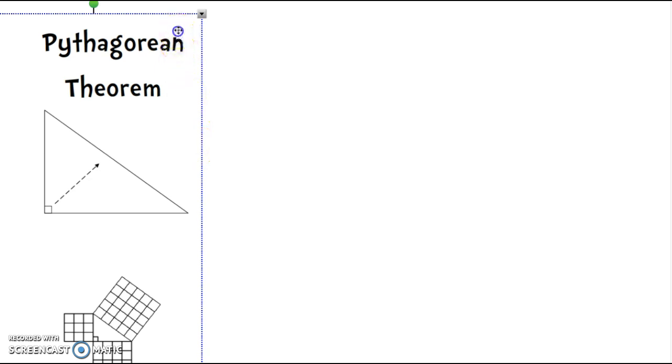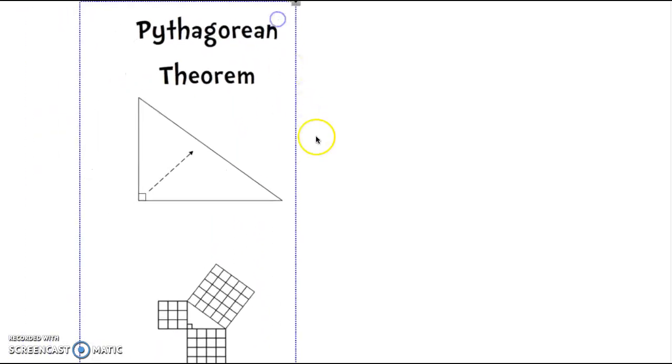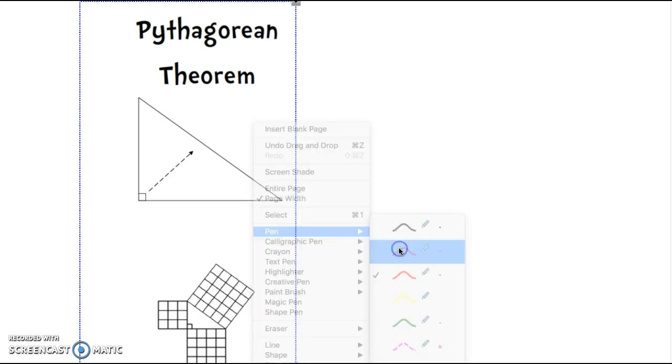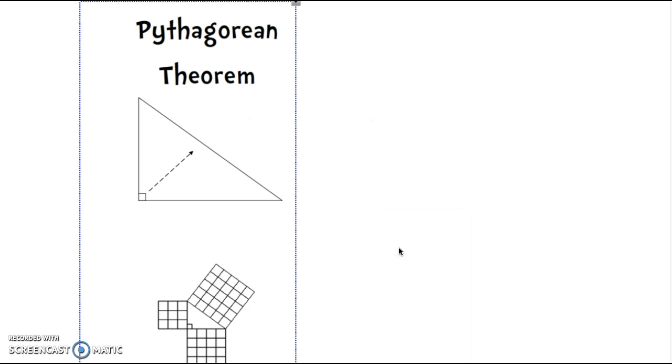So I'm going to move this a little bit. So Pythagorean theorem, it's only used with right triangles. And let's see, I want to make sure that we realize what each side is called. Right?